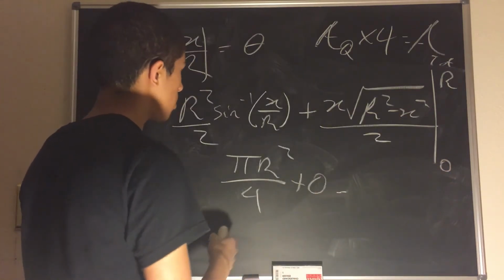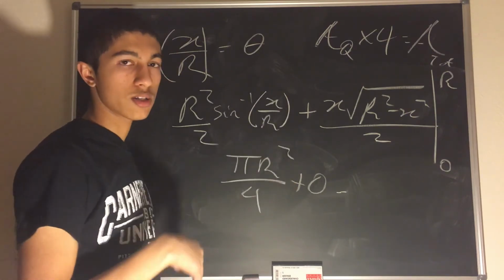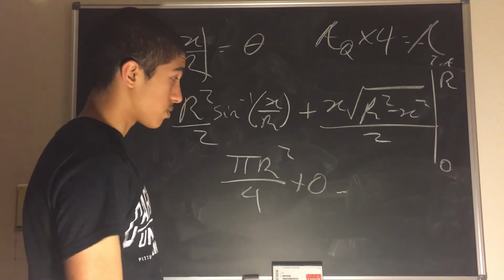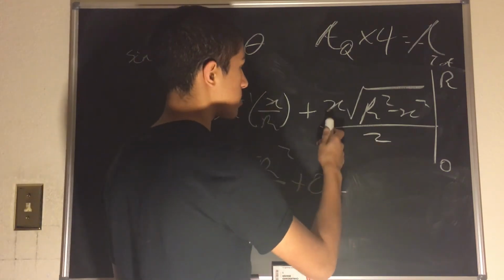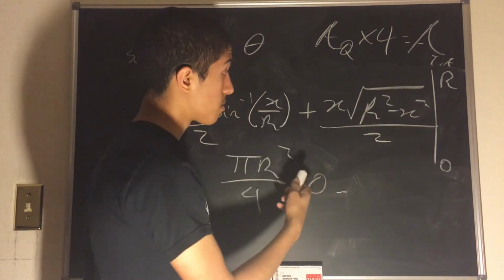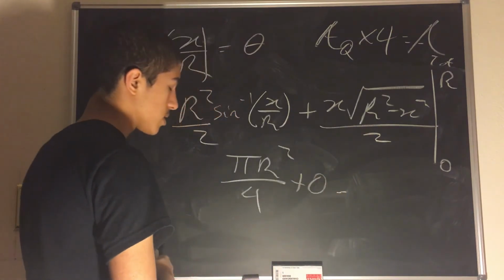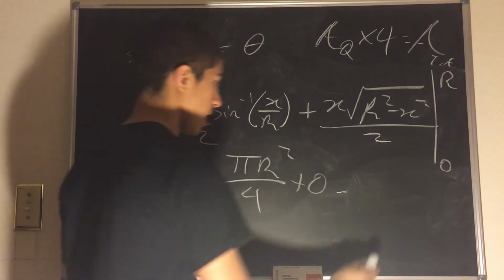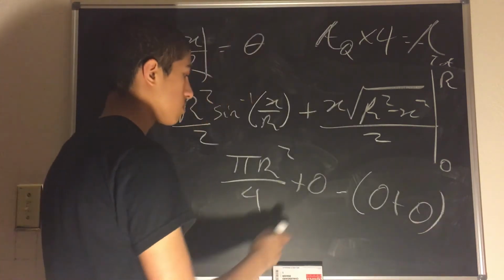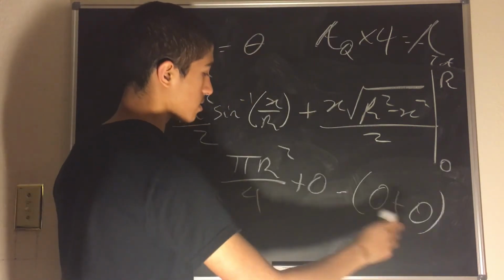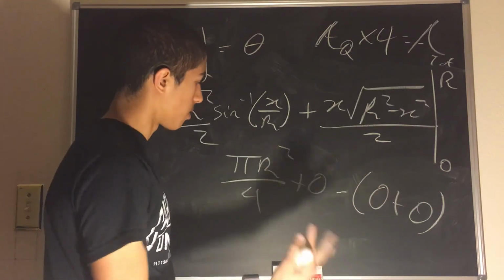If x is equal to 0, then sine inverse of x by r is sine inverse of 0, which is also 0. And this term is also 0 because we have a coefficient of x. So we have minus 0 plus 0, whatever, we get it, it's 0.